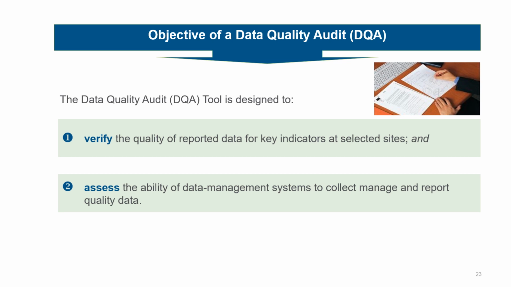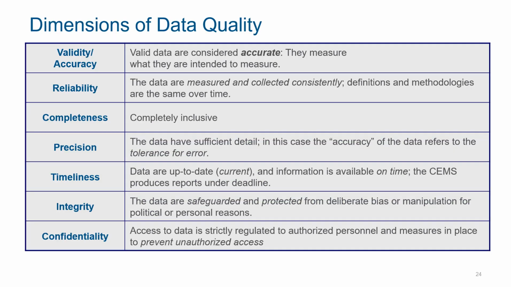Another thing in data analysis you should be aware of is a data quality audit. This is where you verify the reported data for key indicators at selected sites and assess the ability of data management systems to collect, manage, and report quality data.